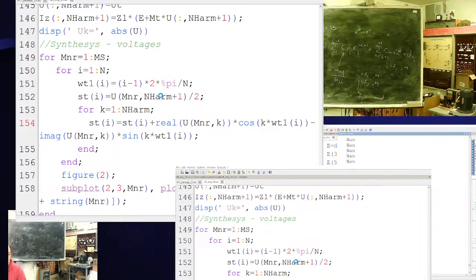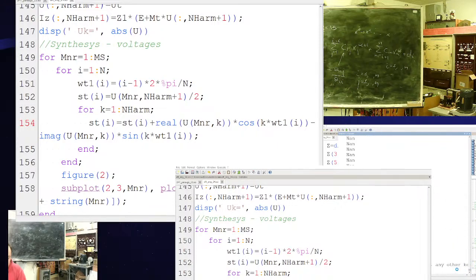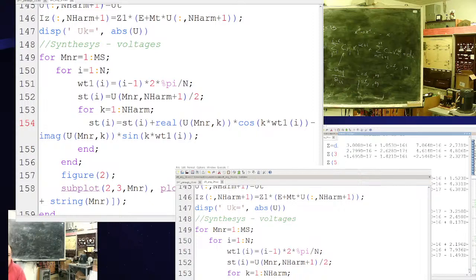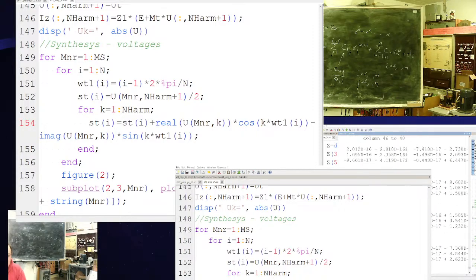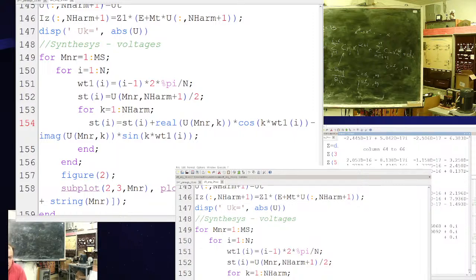Not a number. Here. And voltages. Voltages are fine. Why am I getting not a number?